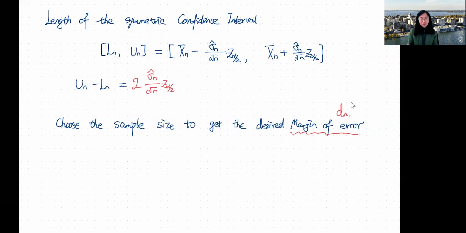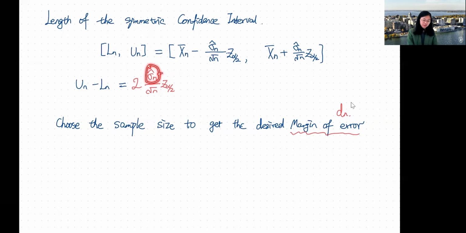What do you have at your disposal to make that happen? You don't actually have any control over the z-score. The z-score is given by your confidence level. If you want to maintain a certain confidence level, that is a given number. You don't have much control over sigma hat either, because sigma hat will be close to sigma, which is the population standard deviation.